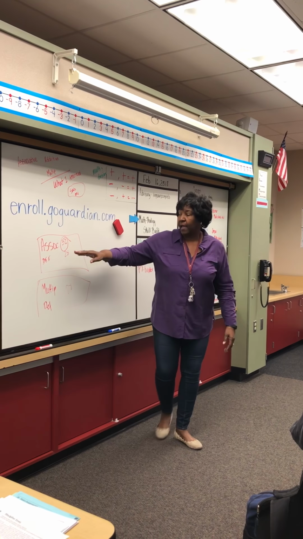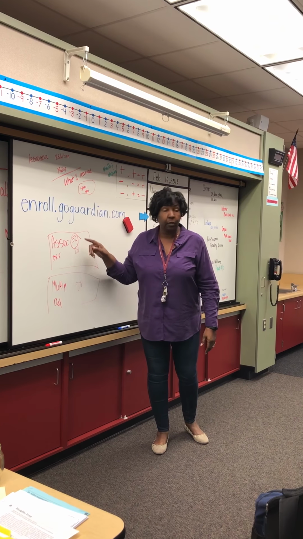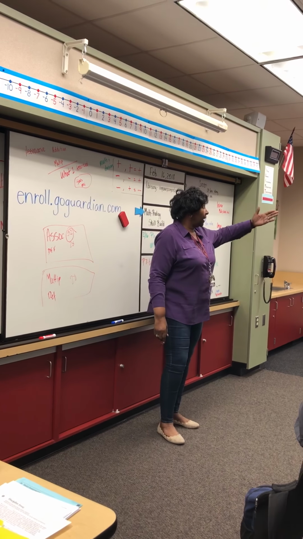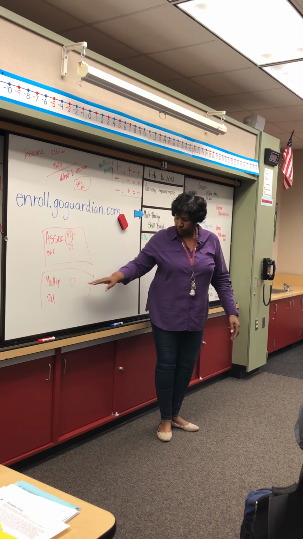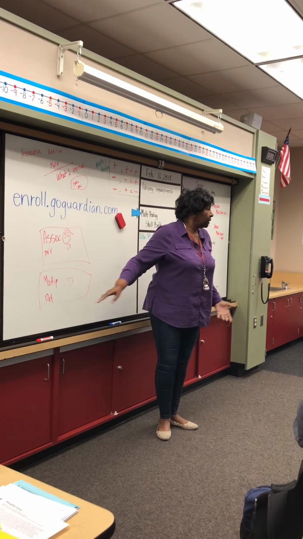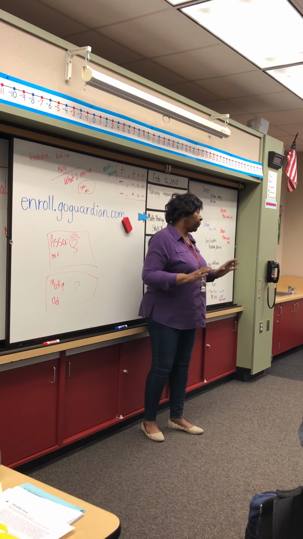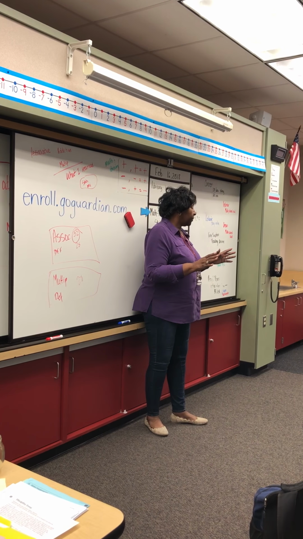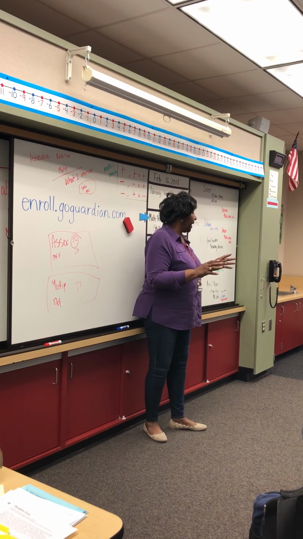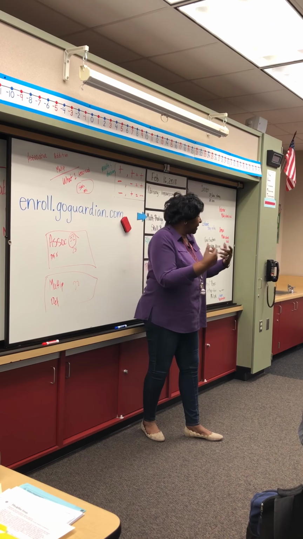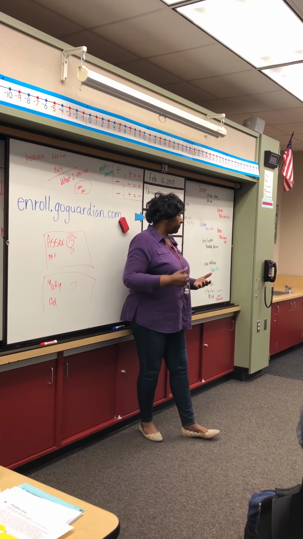So you don't want to have associative property at a 32, but then when I go to inverse operation, I'm at a 20. Everything needs to be uniform. So that's the importance of creating a slideshow that people can read, they can see, and it's uniform.